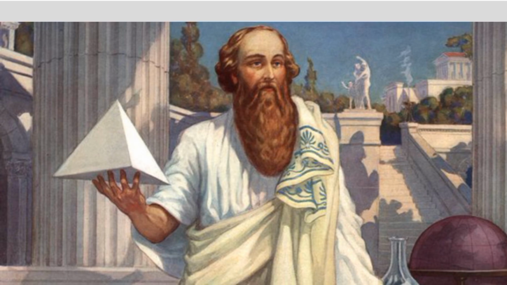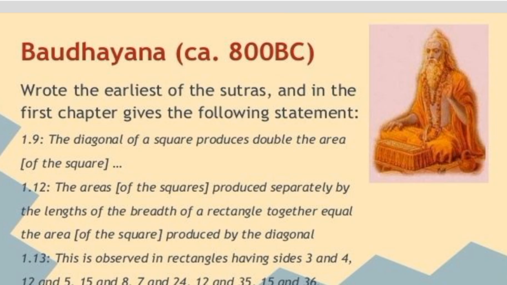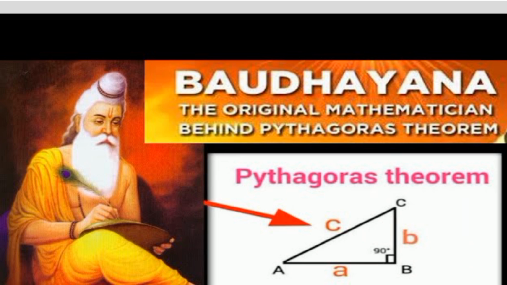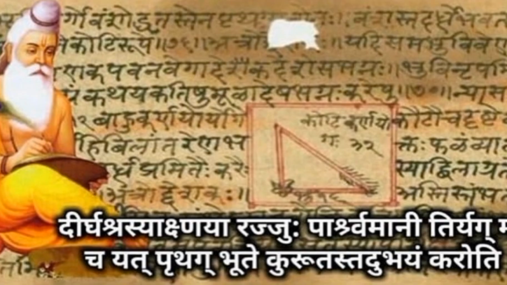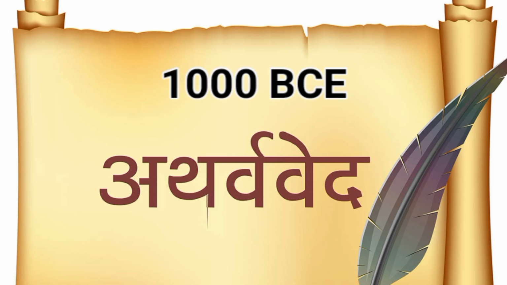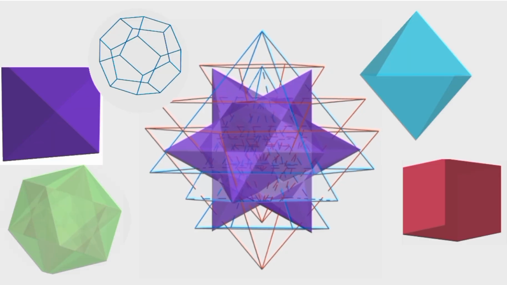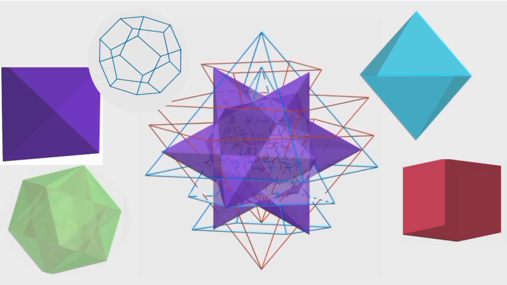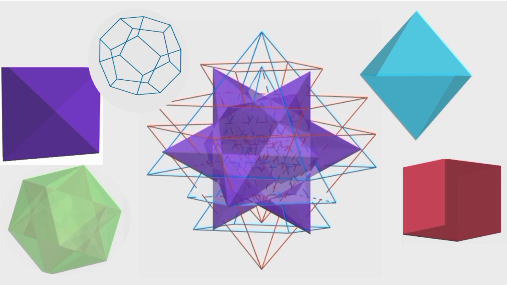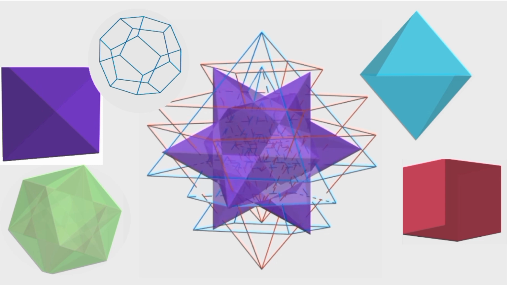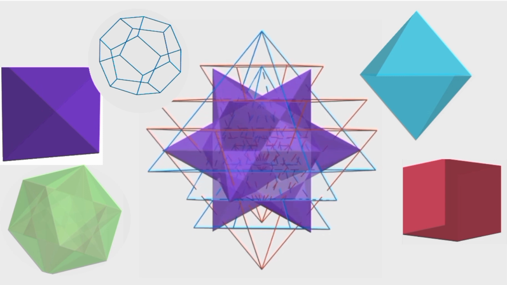However, much before these Greek mathematicians, Indian scholar Baudhayana described them in Sulba Sutra of about 1000 BCE. Sulba Sutras are said to belong to Atharva Vedas, meaning they are older than 1000 BCE, that is 3000 years ago. Because these solids are very symmetrical, they are really beautiful. The question, who invented them, does not take away their beauty.